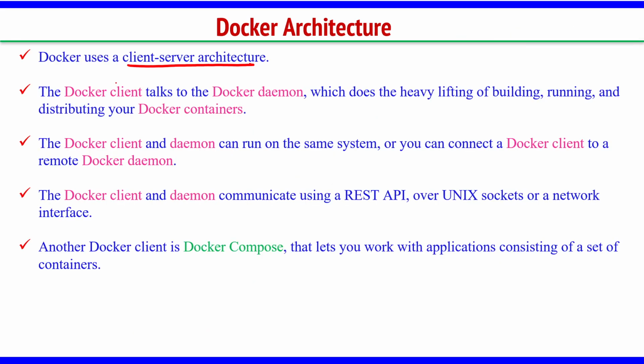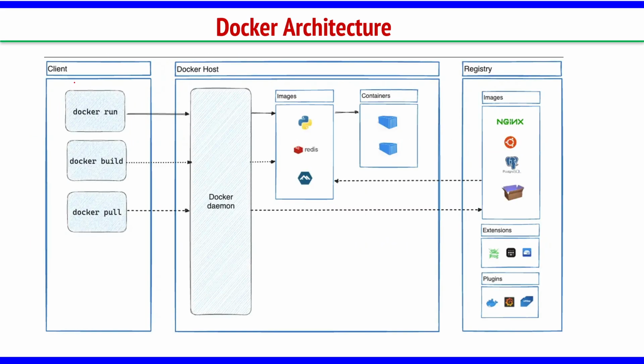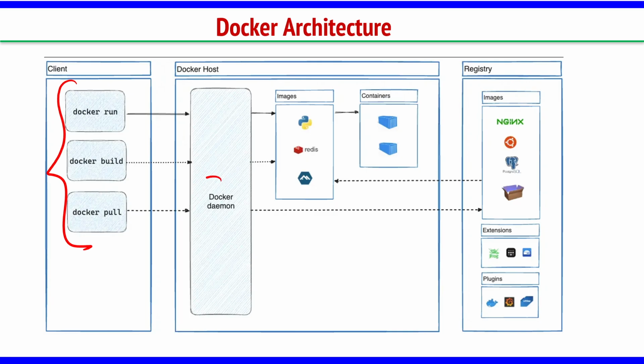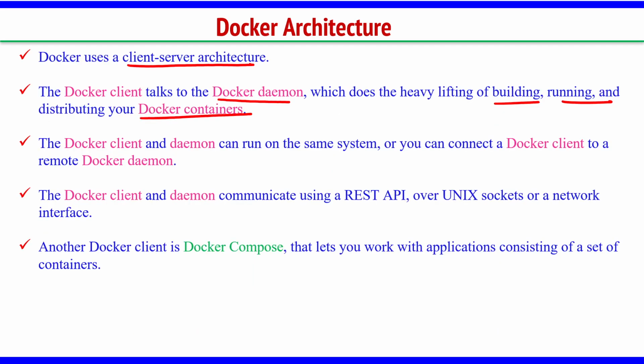The Docker client talks to the Docker daemon. How? Using commands. The daemon does the heavy lifting of building, running and distributing your Docker containers. The daemon is responsible for a lot of stuff: creating images, creating containers, pushing images, everything.